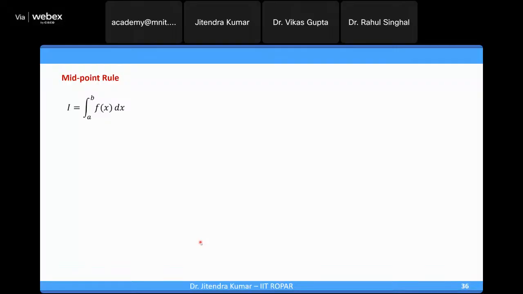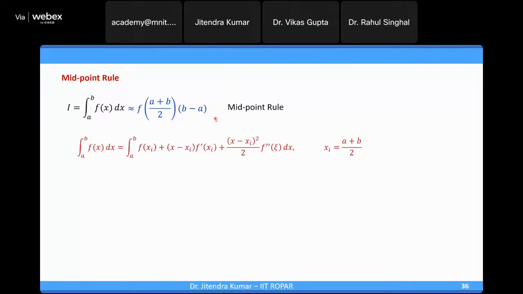Well, there are many other versions of these rules, like the midpoint rule, as we call it. So f(x) you can just approximate in the middle and then multiply by b minus a. So you are getting another kind of approximation. This is called the midpoint rule, which you can easily get if you approximate f(x) by its Taylor polynomial.